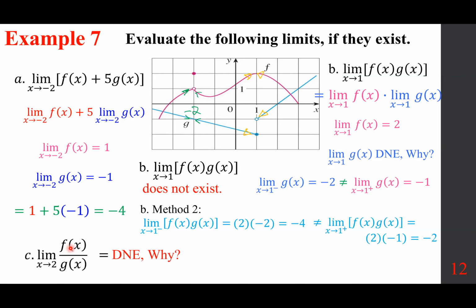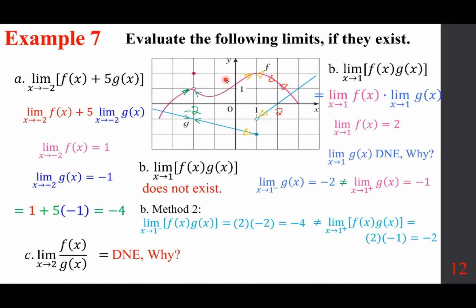If you look at the f function, the blue function, as x approaches 2, here's number 2. And it does have an answer over here, whatever this number is, maybe 1.5.